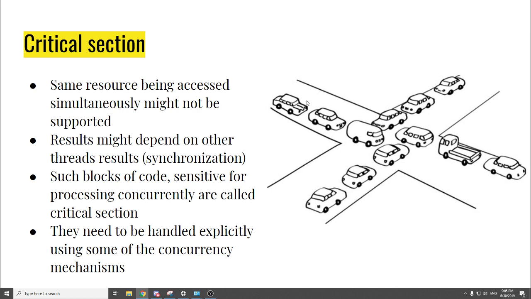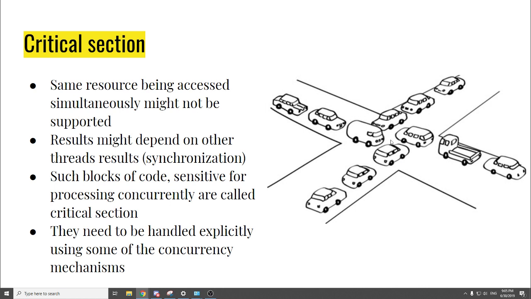So if you have a road with multiple cross sections like this, you have 4 sections that cross. Basically, in the crossing point, you will have cars which would crash if they don't have, let's say, lights to regulate traffic.